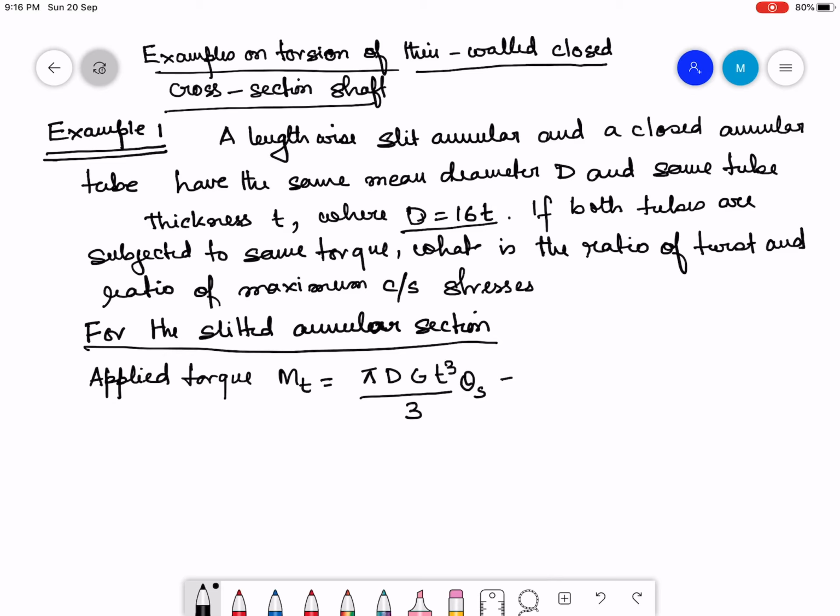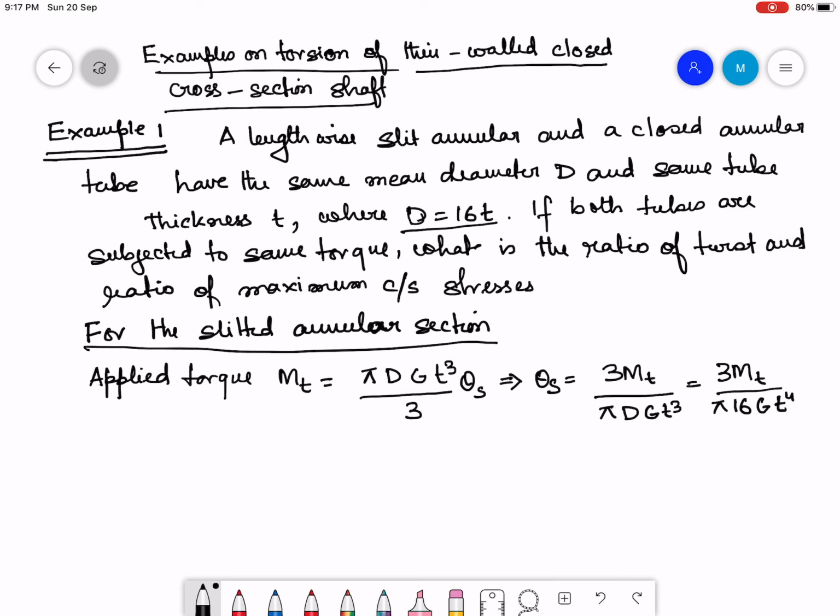So from this we can find that theta s is going to be 3 mt by pi d g t cube, which is going to be 3 mt by 16 g t4.